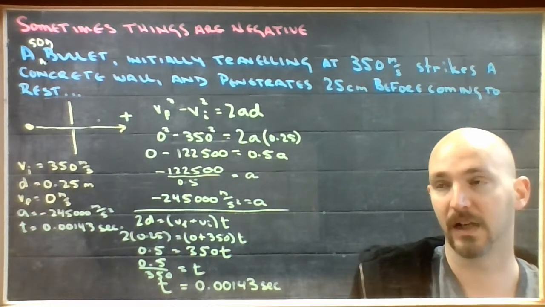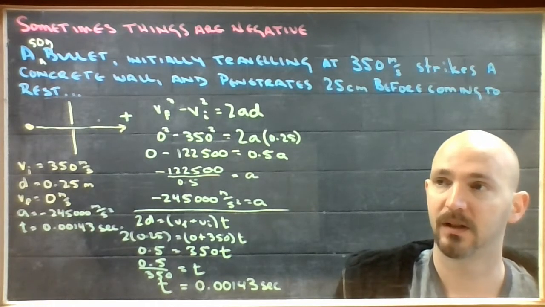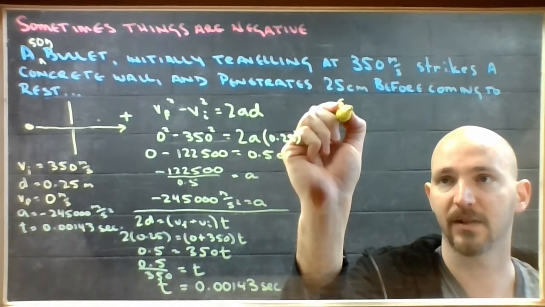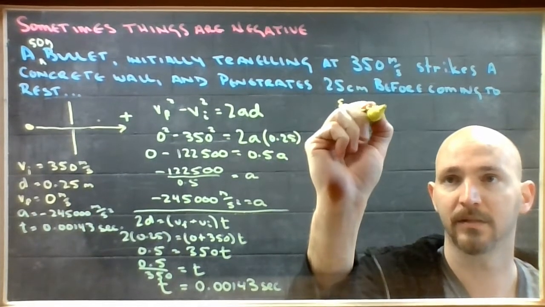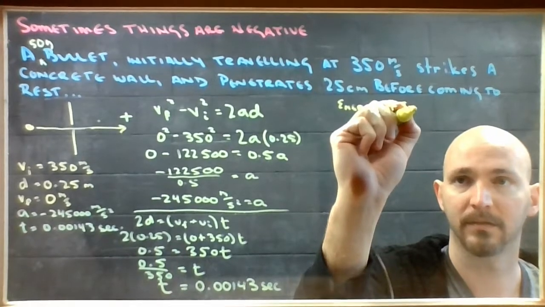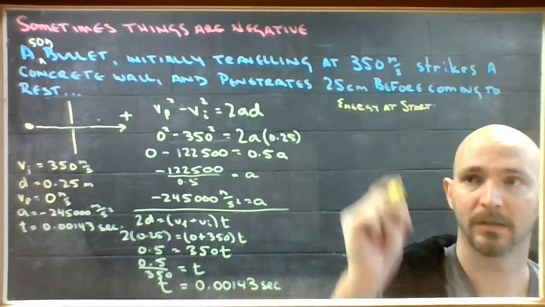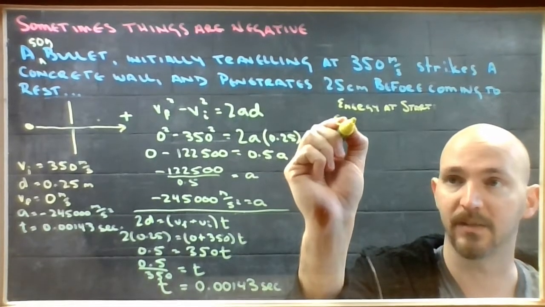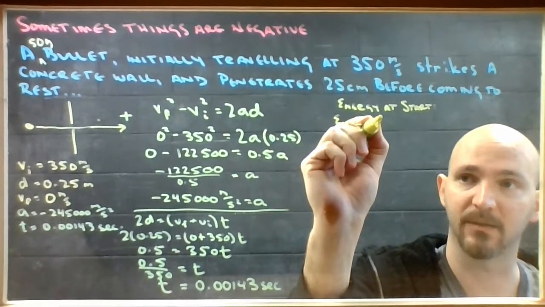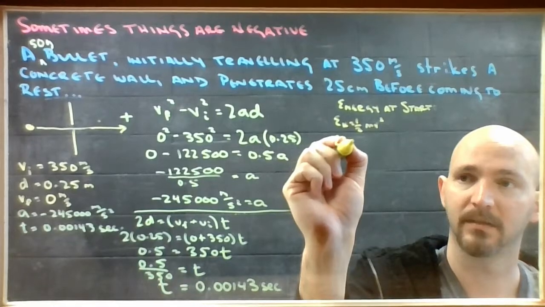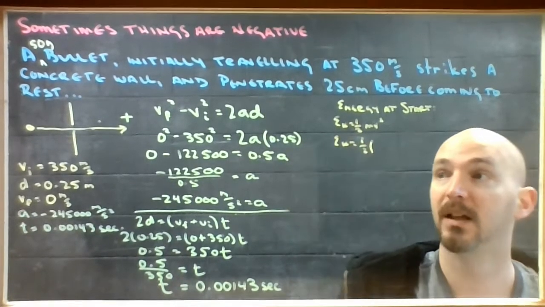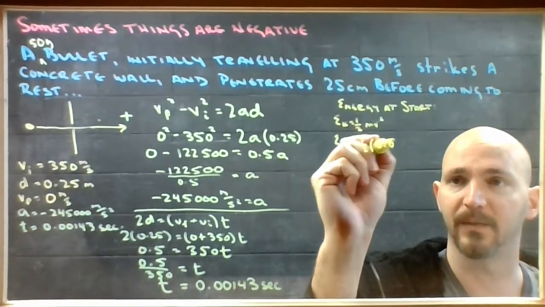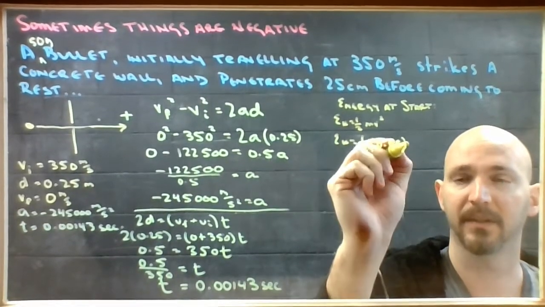So switching to calculating energy, energy at start would be EK is 1/2 mv squared. That would be 1/2 times 50 grams, which in kilograms is 0.05 kilograms.